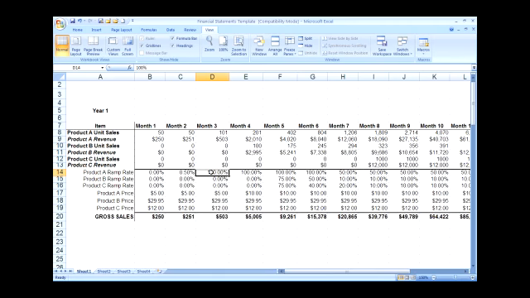Okay? So this means the amount of sales increase for the third month over the second month. I hope you get that. Let me say it one more time. This number here indicates the amount of sales increase in month three over month two.